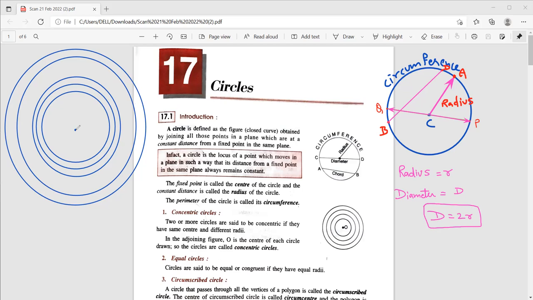So when they all have the same center, whether it is this circle or this circle or this or this or this, they all have the same center. The center is this. You call these circles concentric circles. Okay.